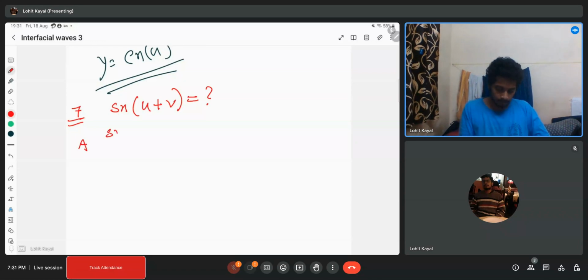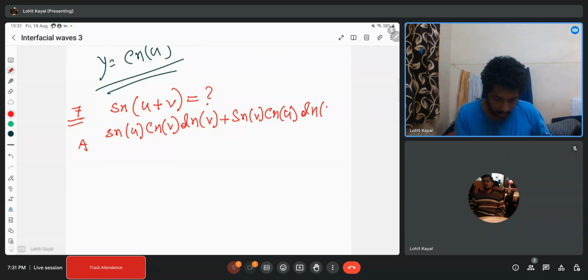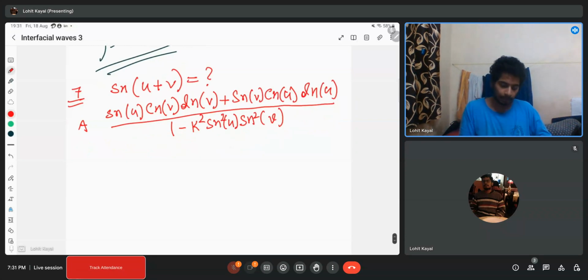That is sn u cn v dn v plus sn v cn u dn u by 1 minus k square sn square u sn square v. So this is a very complicated expression. You are just expanding it and you are getting this complicated term.